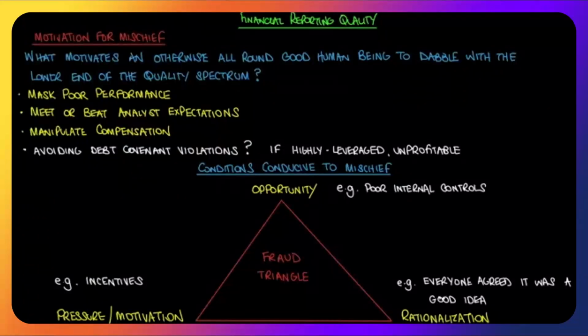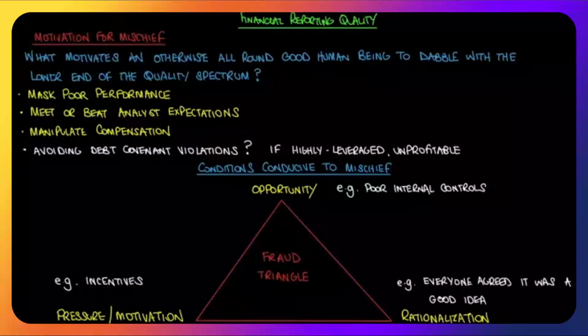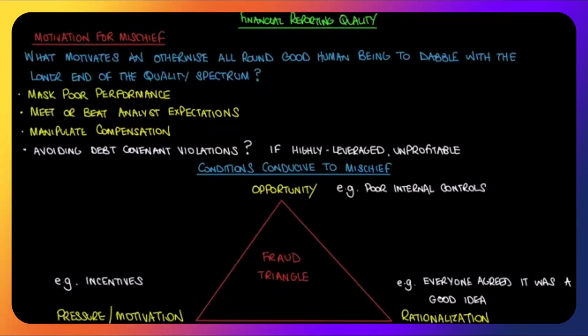What he decided to do, rather than dabble in the dark arts and try and meet those expectations with low quality reports, he took the company private. Fair play. And to be fair, increased the value. Now, if you're thinking, well, that doesn't sound like Virgin at the moment, this was a long time ago. And to manipulate compensation makes sense. To try and meet your target to kick in your bonus.